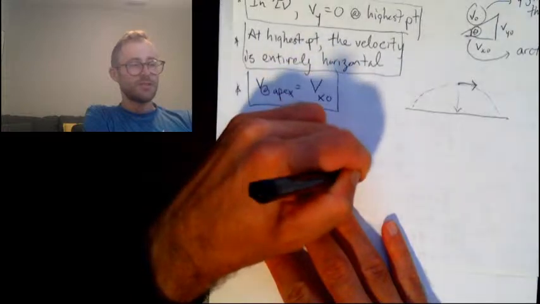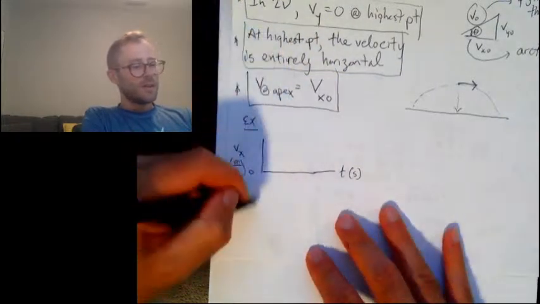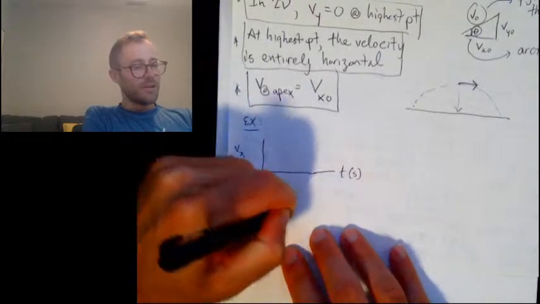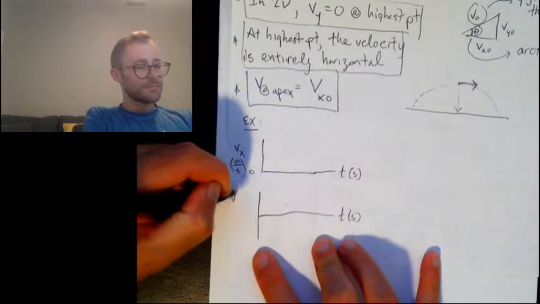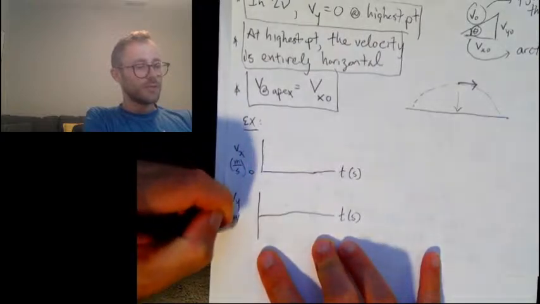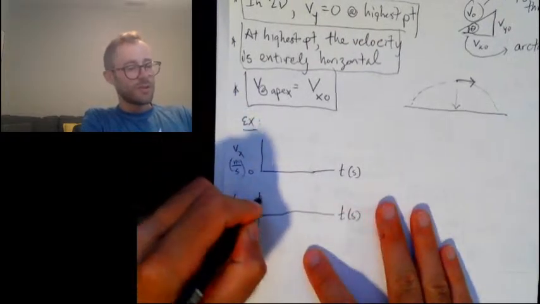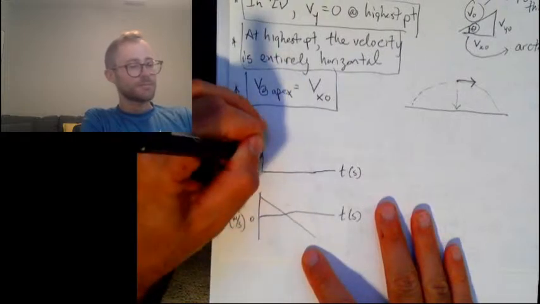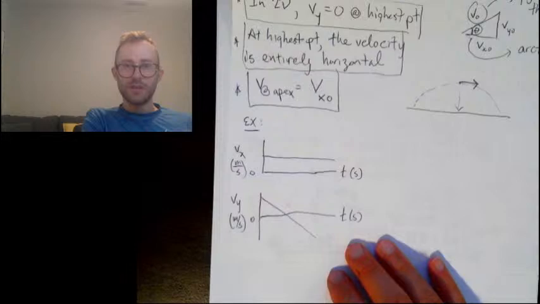Time measured in seconds. All right. And then I have a y velocity graph in meters per second, 0. Okay, so let me draw what these look like. That's what these graphs look like.